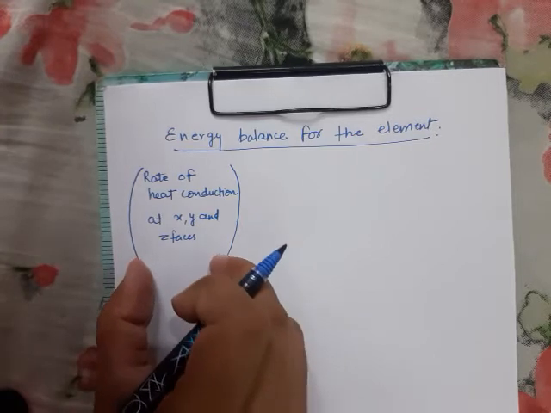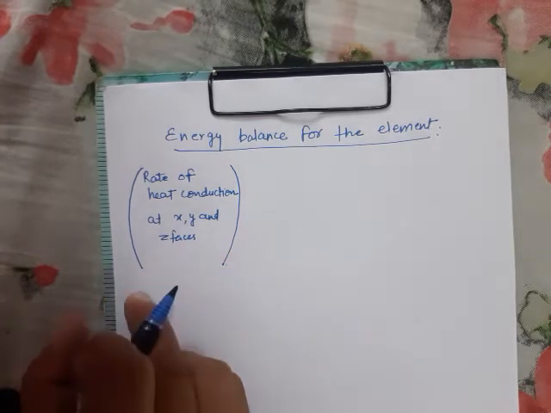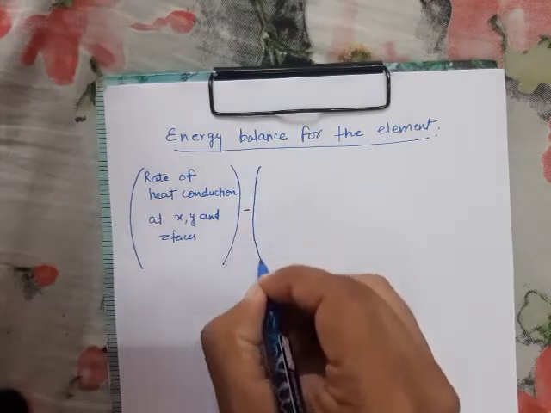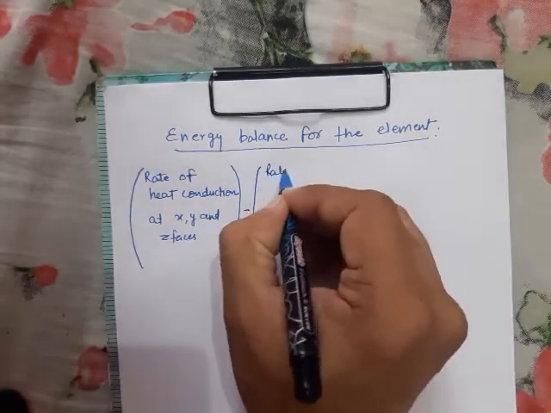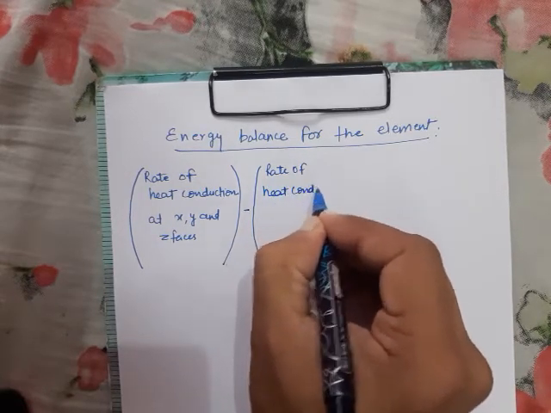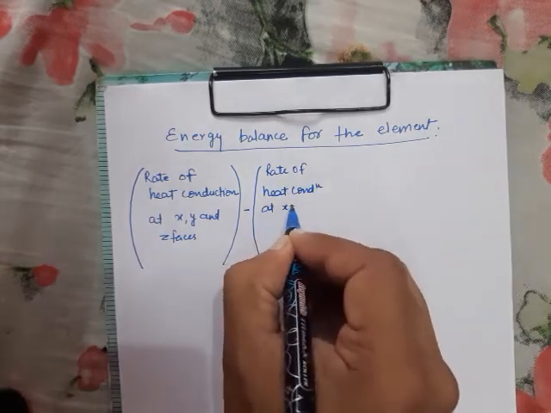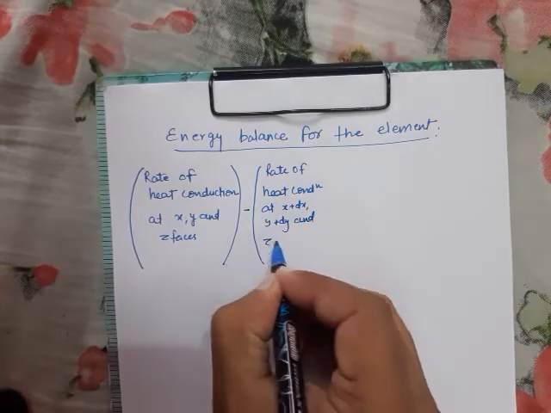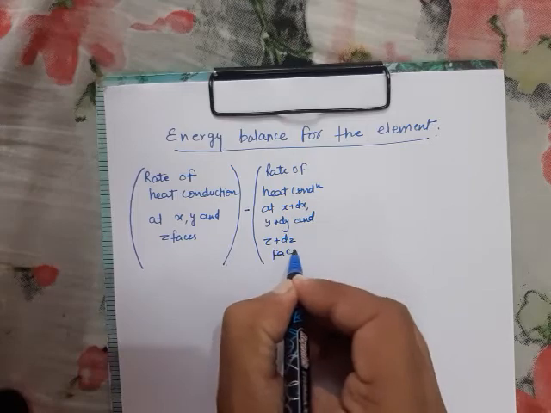This indicates the rate with which the energy is entering into the control volume or the volume element, minus the rate of heat conduction at x plus dx, y plus dy, and z plus dz faces.